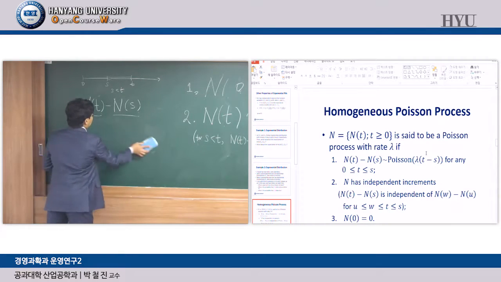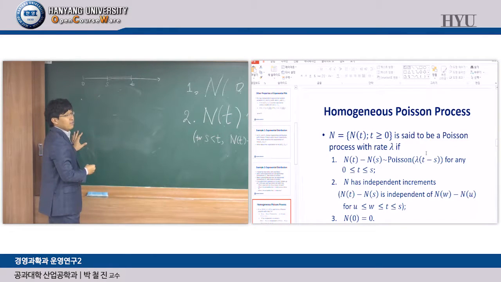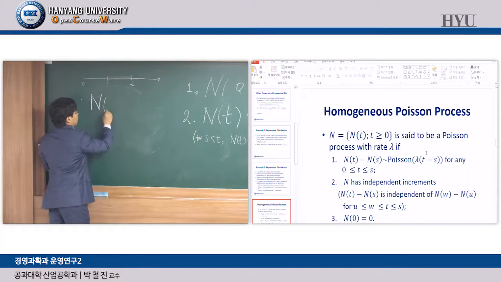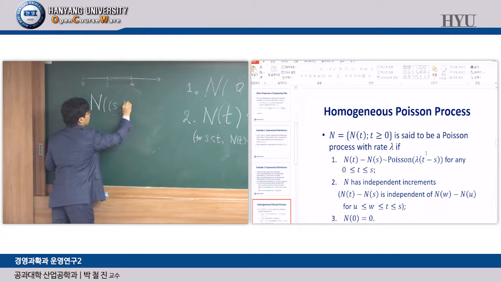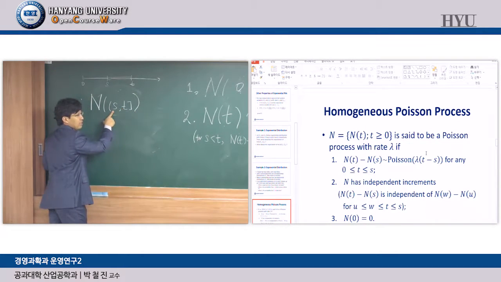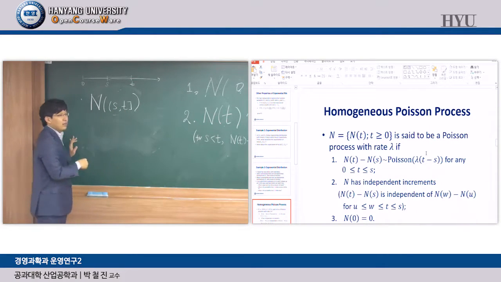If we consider the number of events occurring from general S and T, S is less than T, we put it this way, range from S to T. S is not included in the range, and T is included in the range.